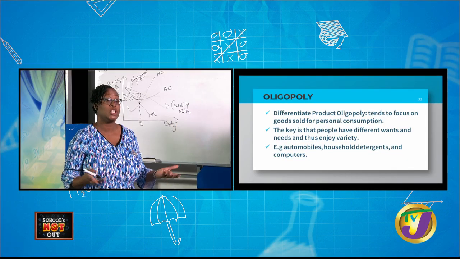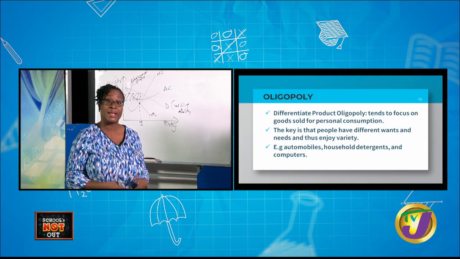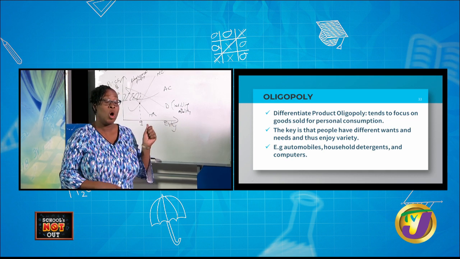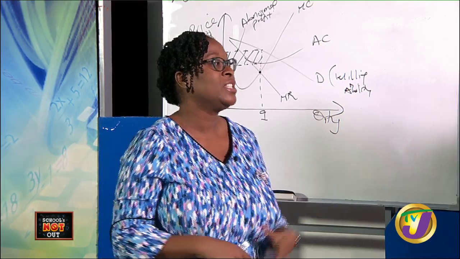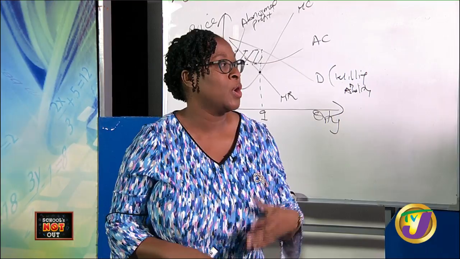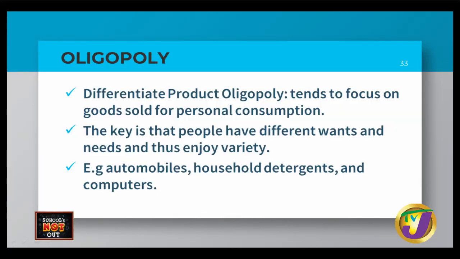That's their personal choice. A car, four wheels and an engine, and you're good to go. But some say, no, I'm an Audi person, or I'm a Bimmer. Oh, I just love the Rush. Whatever. That is differentiated product for the oligopoly.